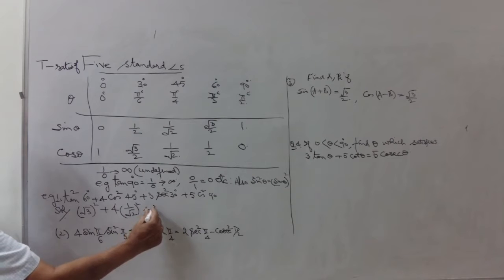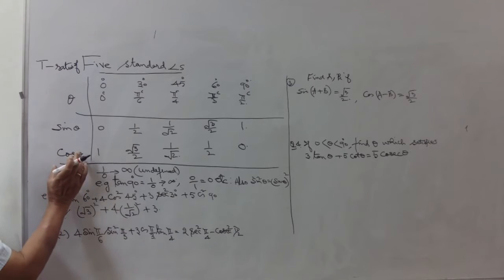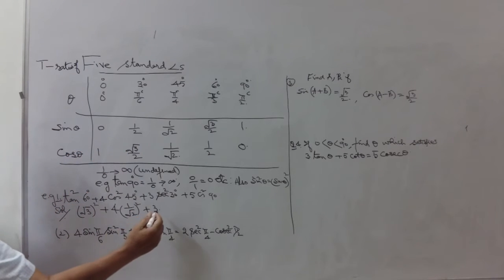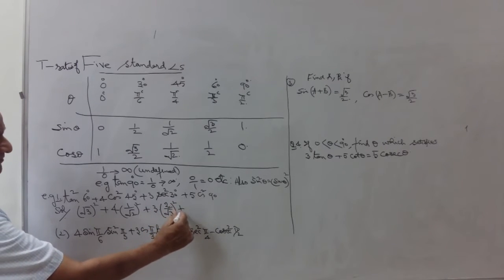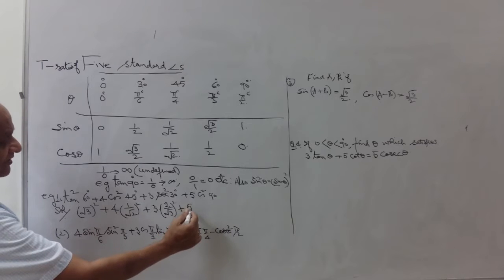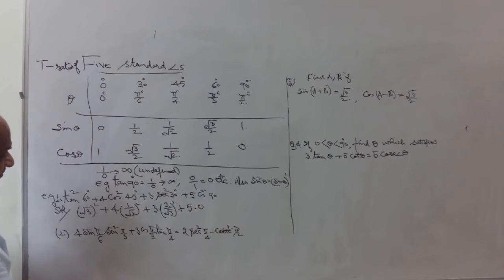Then you have 3 secant square of 30, reciprocal of cos 30. Cos 30 is under root of 3 by 2, so it is 2 upon under root of 3 the whole square. Plus 5 cos square 90. Cos 90 is 0, put up here 0.